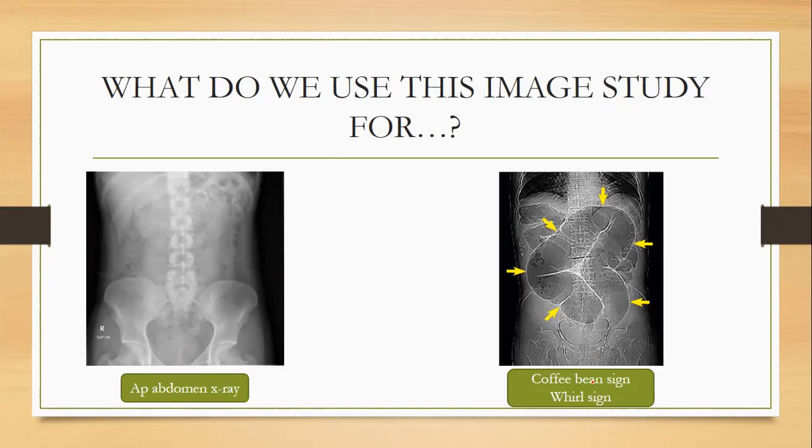Signo del grano de café. Great. However, in English, we also have this name for the same sign, the whirl sign. Okay, does anybody know what whirl is? Whirl? Okay, it's like turning all over and all over again. A hurricane, for example, whirls. Okay, so this is the whirl sign.